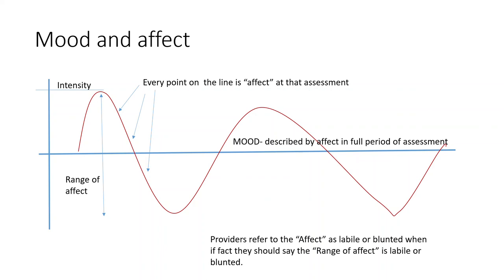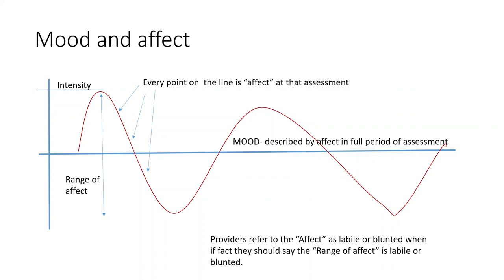So we see here that this individual is having a changing affect. Let's say up is elation and down is depression for the sake of argument. And we see that the time period begins with them feeling elated, then depressed, then elated, and then depressed again. The intensity of the affect is governed by how far up or down the y-axis they are. And in our mental status exam, we should refer to that as the range of affect.